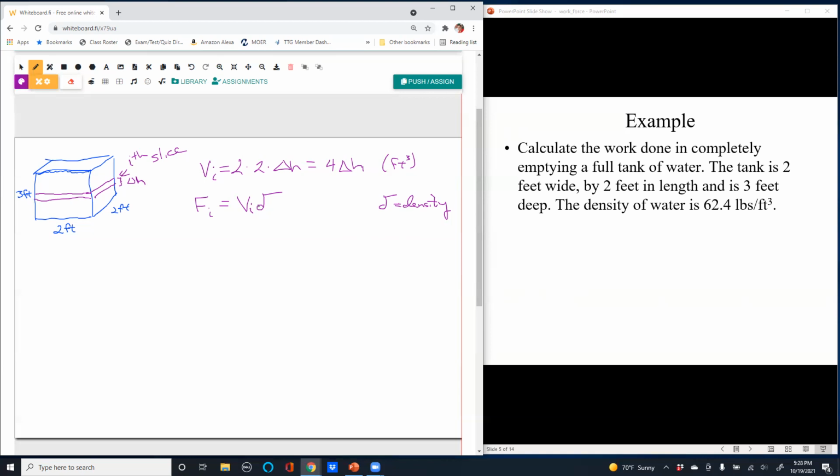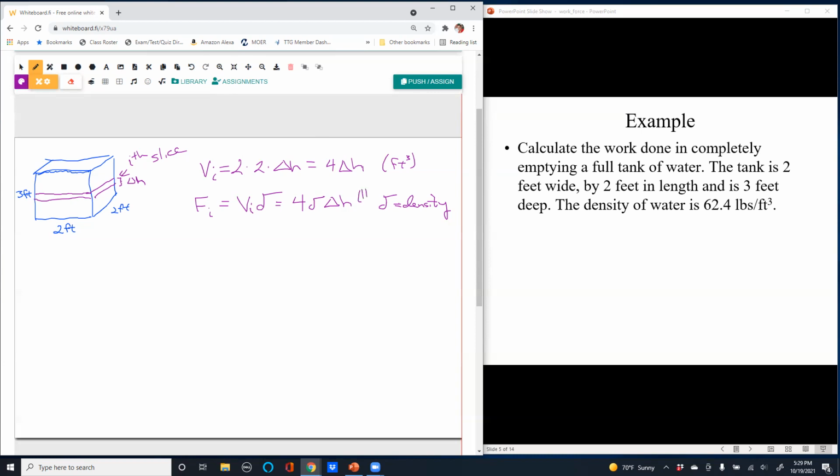Now, multiplying these two together, I'm going to have 4 times delta, lowercase delta, uppercase delta, so I know I'm calling the same thing, delta H. And because now we're taking something that's in pounds per cubic foot times something that's in cubic feet, I don't need an equals there, excuse me.